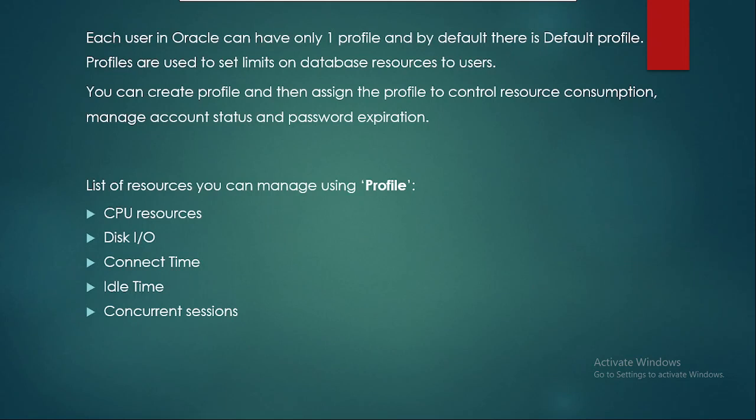Idle time: if the user is not using a database, he is sitting idle, then how much time he can sit idle before Oracle asks for a login again. And concurrent sessions: at one particular time, how many sessions a user can create to the database.